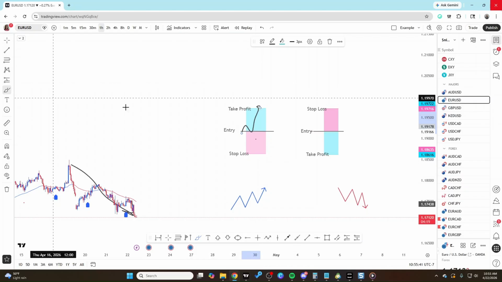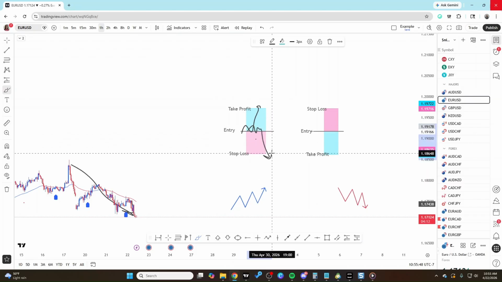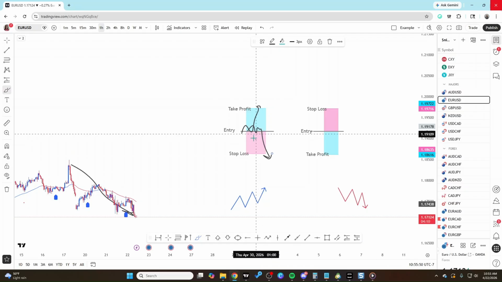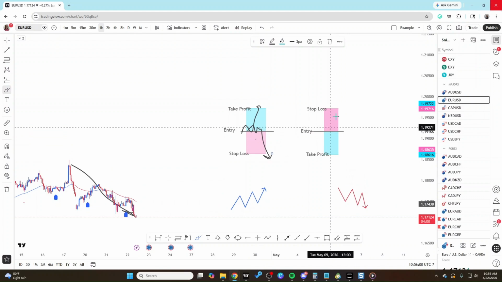Okay, but then it's also saying, if I enter here and price is just kind of moving around and then it comes down and goes the wrong way, then I'm telling my broker, hey, when you get to here, just take me out of the trade. I'm going to count my losses there. Okay, same for a short position or a sell.